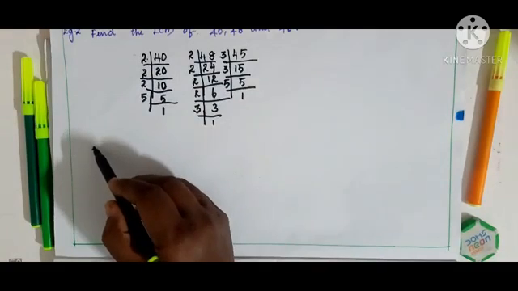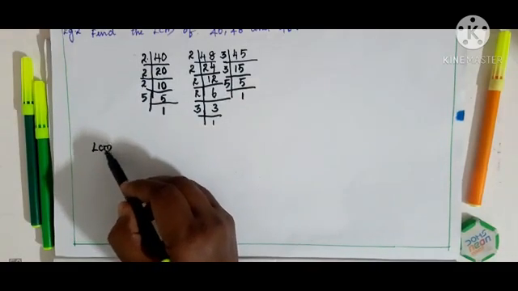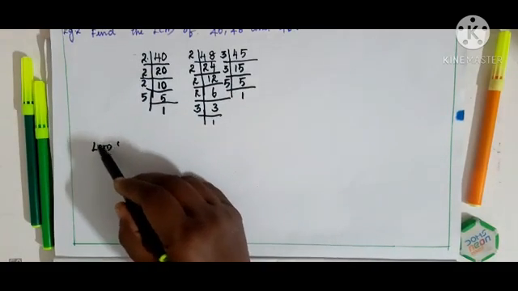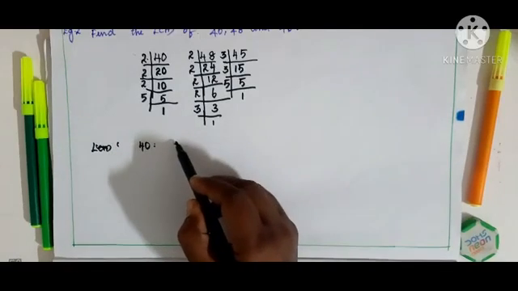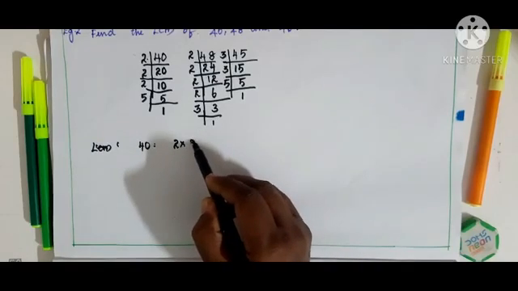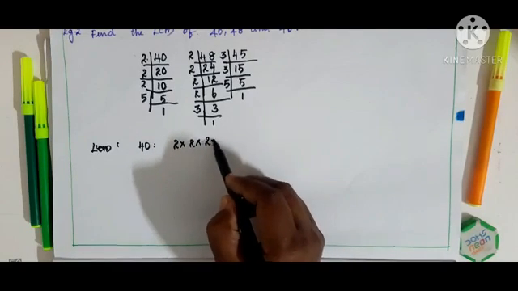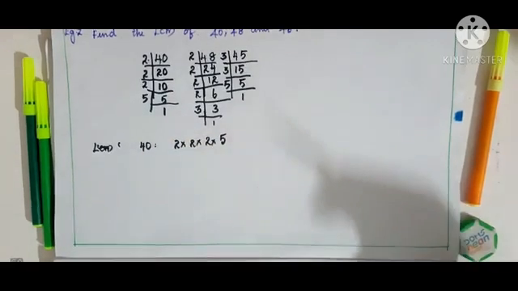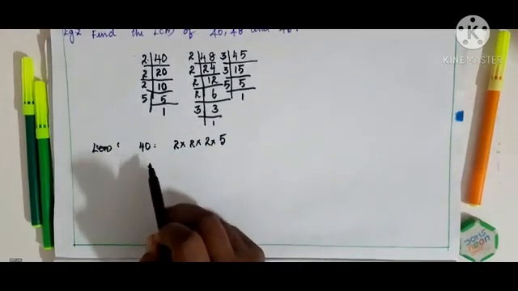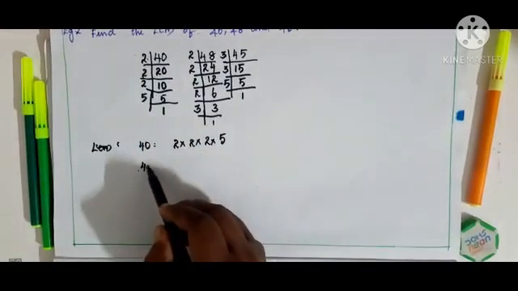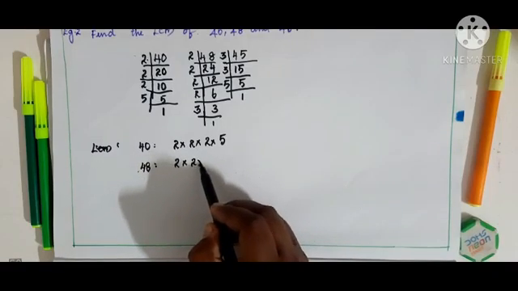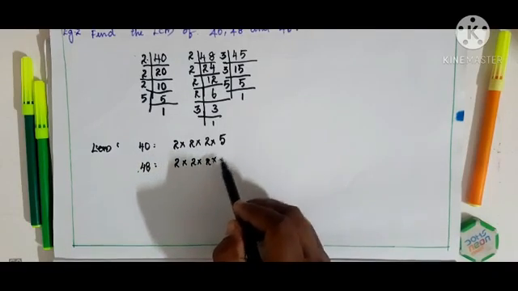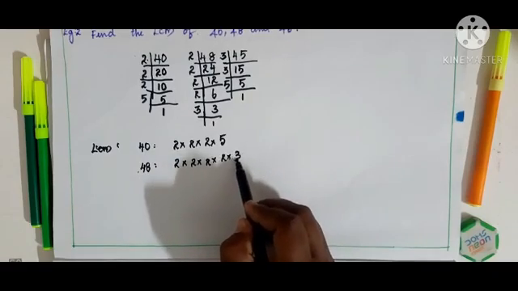So first we will write it for 40. That is equal to 2 into 2 into 2 into 5. So clear? Next for 48: 2 into 2 into 2 into 2 into 3.